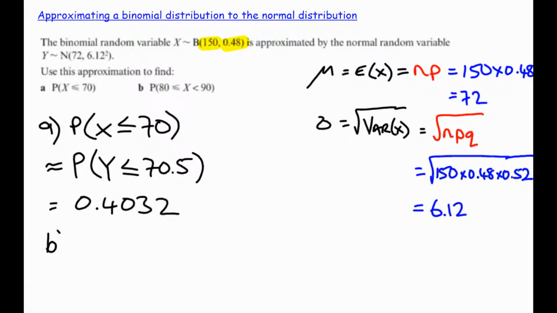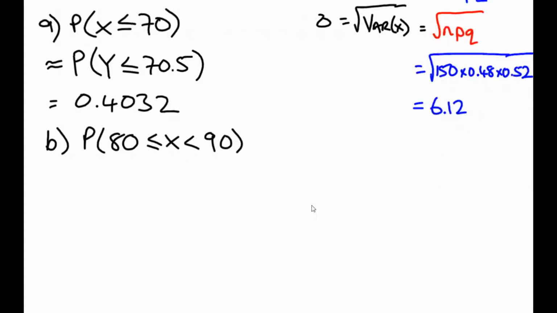Looking at part B. Once again, we need to make sure that we apply a continuity correction and just be smart about which values we're going to include. I'm originally thinking of all the values in between 80 and 90. 80's included, 90's not. Let's rewrite this so that I'm only thinking about the values that are included.